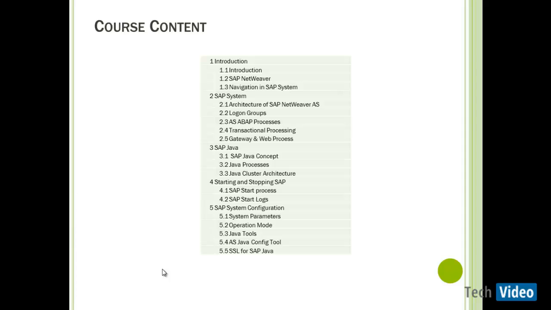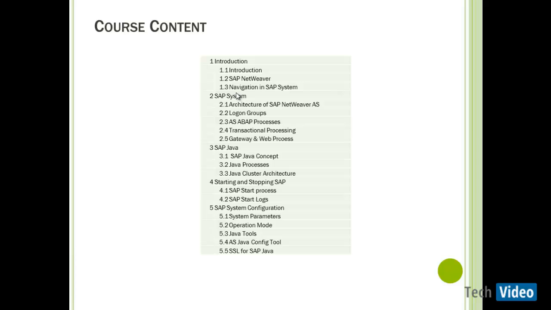First we will go over the introduction of SAP, that means what is SAP NetWeaver, what is R/3. So we start from the very basics, and we will also learn navigating SAP systems, how we can log into SAP systems, and what the different values are which are available to log into an SAP system.